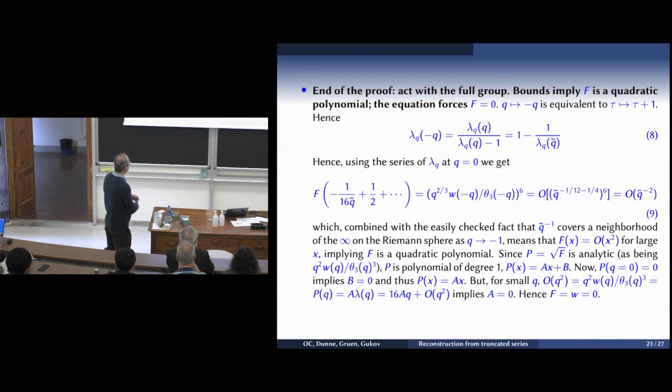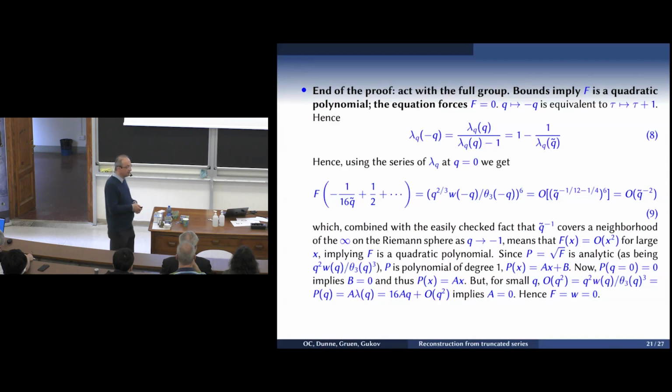And then you start an easy game. You start dismantling the transformations that got you there in the first place. It turns out that square root of F must also be a polynomial, but it's 0 at 0, so the constant part here must be 0. But at 0 it is quadratic, whereas this itself is linear, which is a contradiction unless it is 0, so F is 0, and you're done.